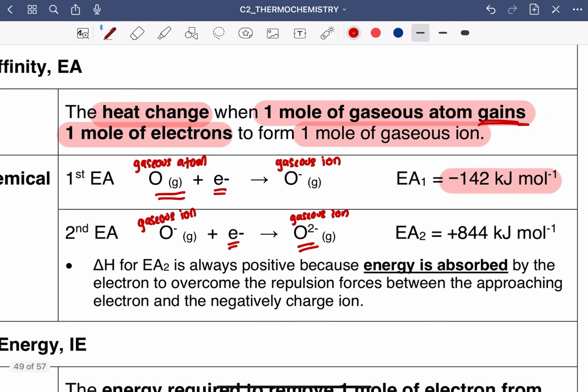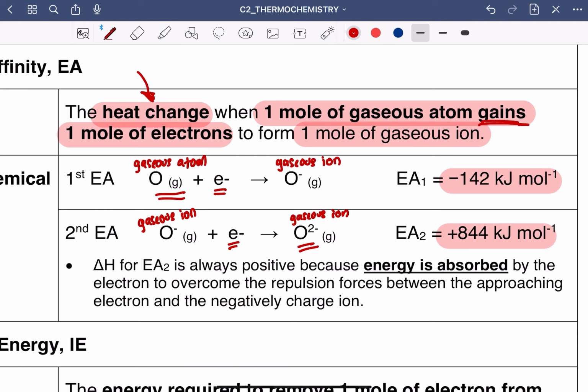So the enthalpy involved, as you can see, this is positive 844 kilojoule, means it absorbed 844 energy. So that is why for EA, we specifically use heat change, because usually first EA will be negative, second EA will always be positive.